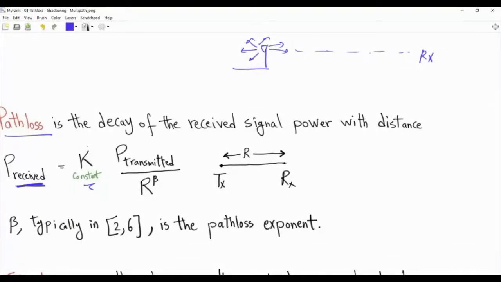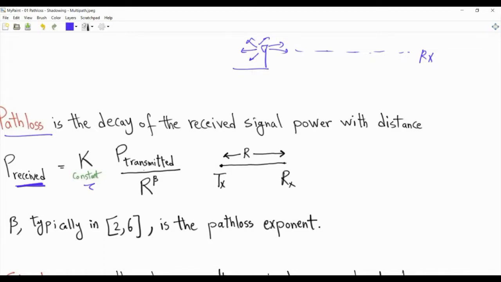Now, mathematically speaking, if you use this path loss model in your work, sometimes you will face mathematical troubles, because as r tends to 0, r is in the denominator, and this thing explodes.